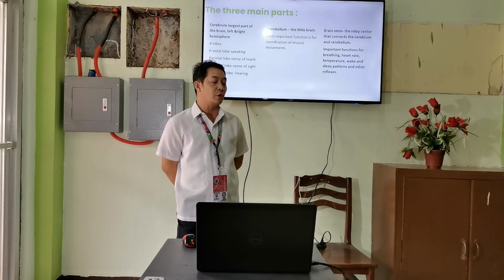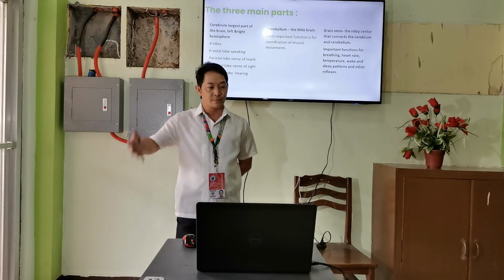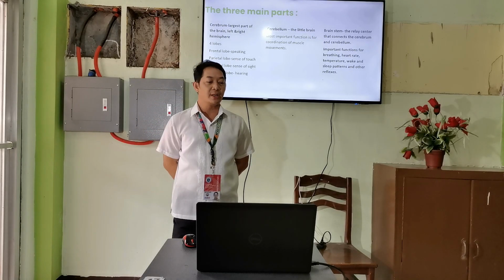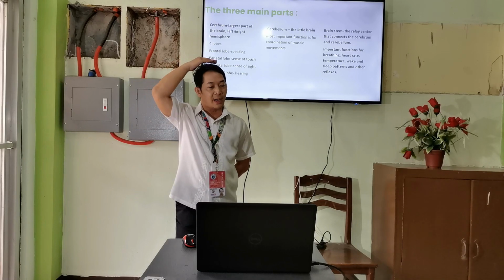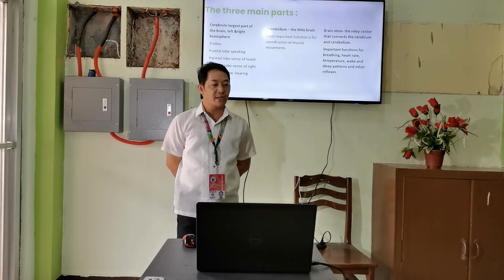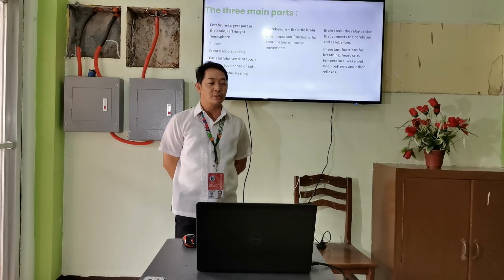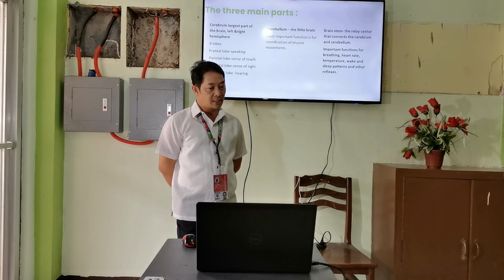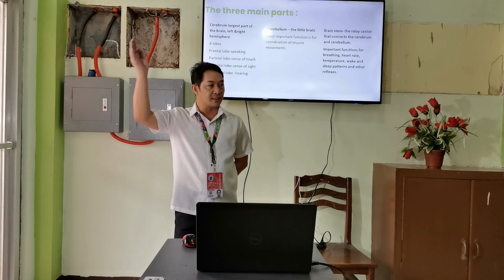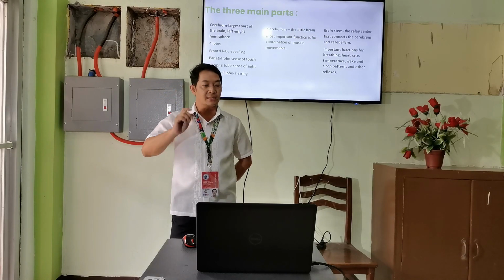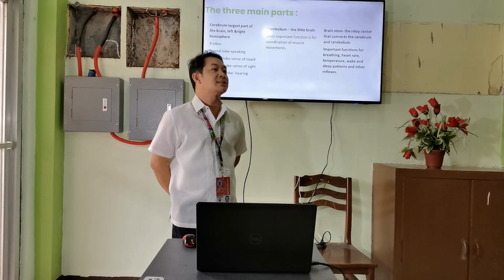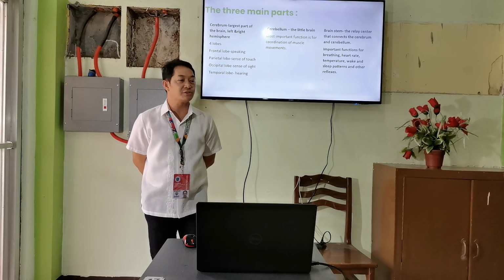It contains the four lobes. You have the frontal lobe here, which is important in speaking and sensation. You have the parietal lobe quite at the back of the frontal lobe, which is important for the sense of touch and all the other pressures that we feel. The occipital lobe at the bottom of the brain is the sense of sight center, and the temporal lobe here is responsible for our auditory functions.